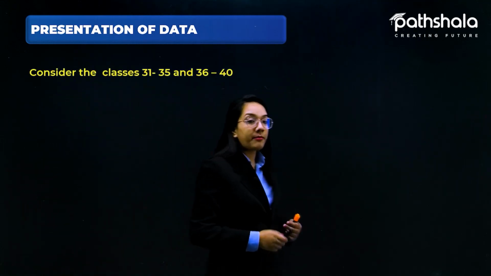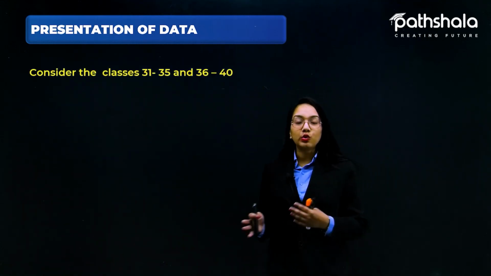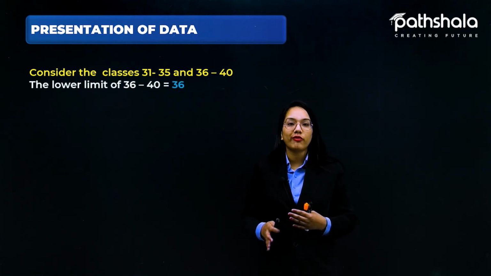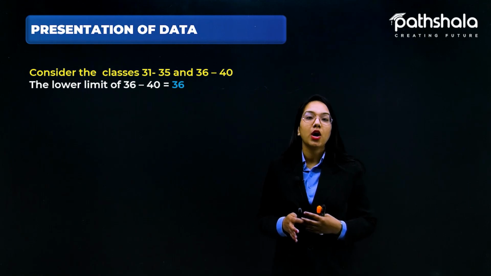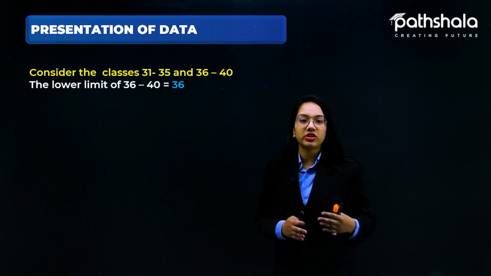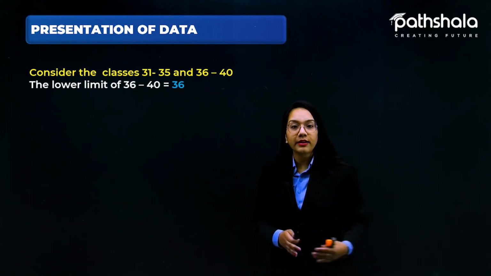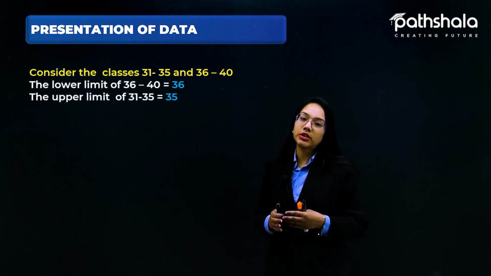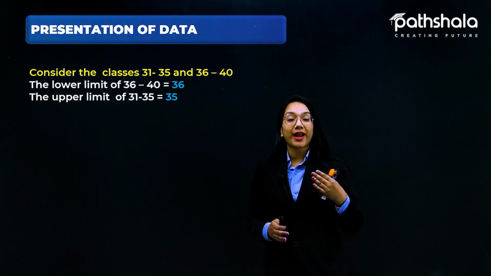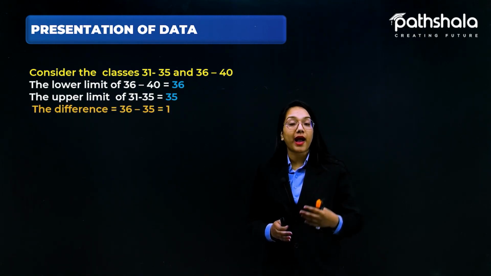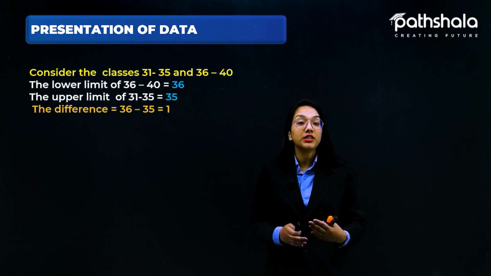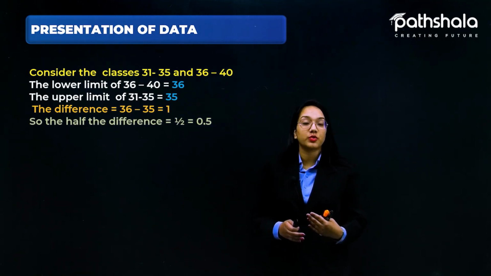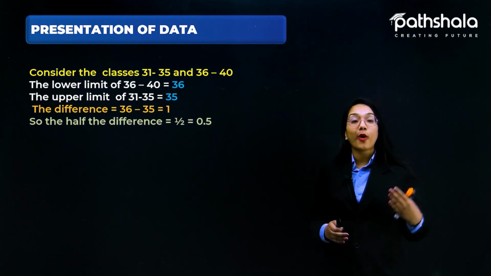First of all, the lower class limit of 36 to 40 is 36, and the upper class limit of 31 to 35 is 35. I subtract both of these, and the difference is equal to 1. Now take half of this difference, which is 1 by 2, which is 0.5.